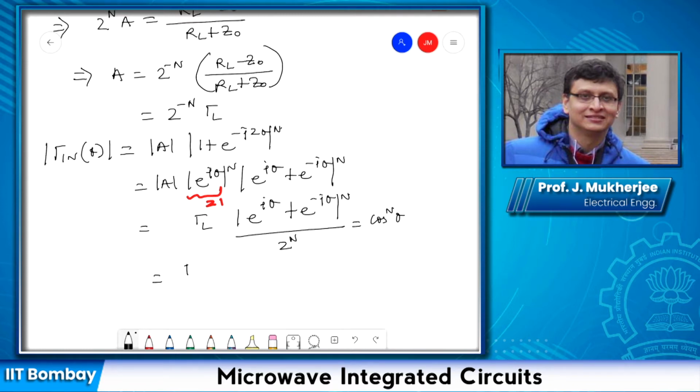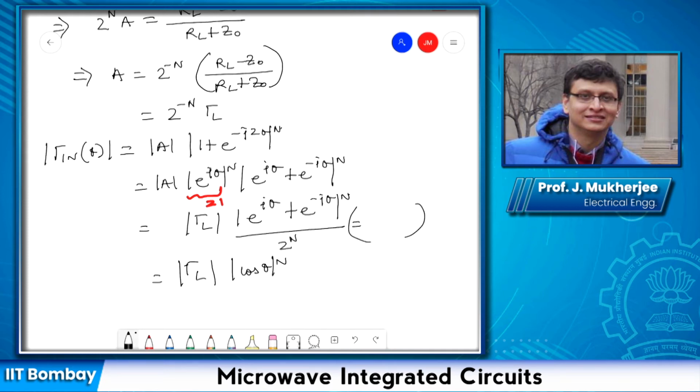So then this becomes equal to gamma L cos theta raised to power n. So this is the value of the input reflection coefficient magnitude for a given value of theta. Actually I should not write it like this. I should write it as modulus gamma L and modulus of cos theta raised to n.